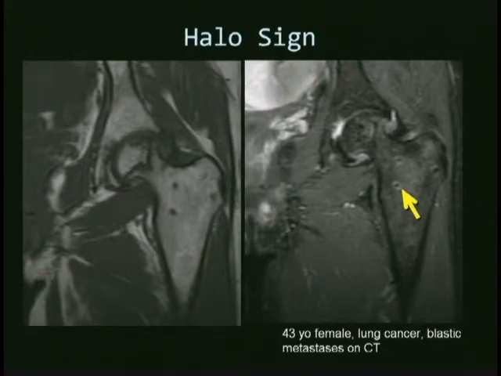This was a presentation for a 43-year-old woman who had lung cancer, and she had on CT multiple, very dense lesions that simulated bone islands, but on the MRI, on the T2 weighted sequence, you can see that there's this halo that surrounds the sclerotic lesion that we saw on CT, and that is not consistent with a bone island and indicated that she had metastatic disease.